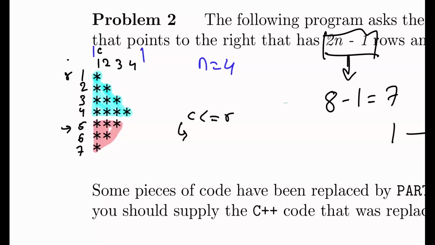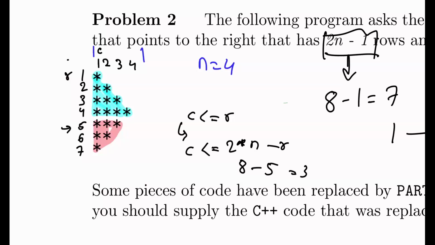So the other condition is the column must be less than or equal to 2n minus the row. Okay, how can we get this? How did I get this? Let's see. 2n is 8 minus 5, which is 3.